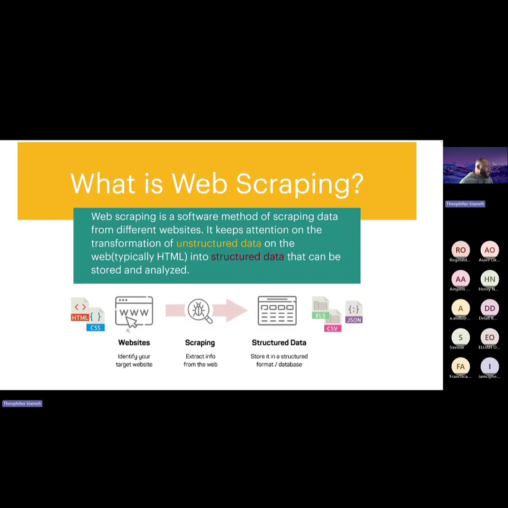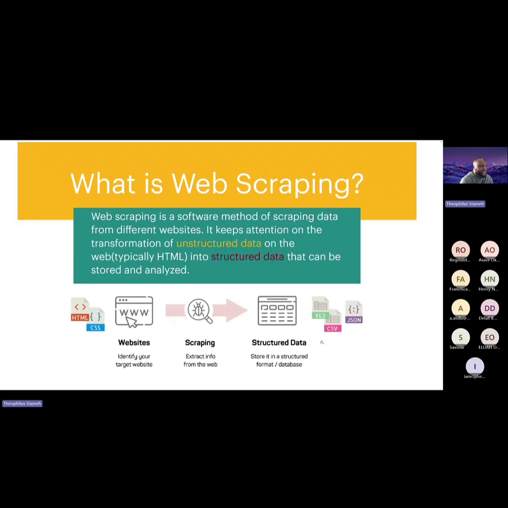As you can see, on the left you have a website, and in the middle you have a scraping tool that you can develop. Once you scrape that data set, you put it into a structured form. There are also cases where you want to store the data in an unstructured format, depending on your storage format.